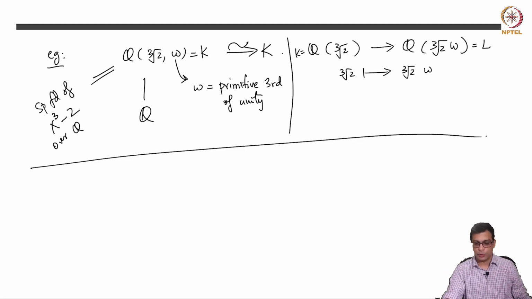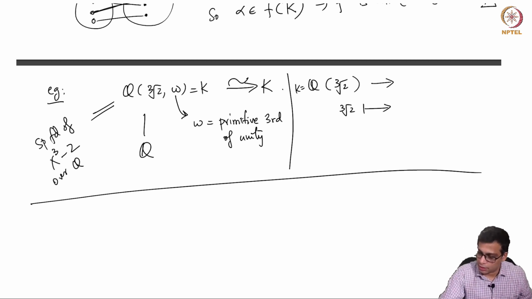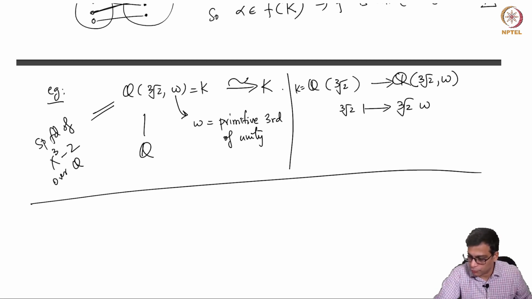I may have confused you a little bit, but I just want to emphasize that you can have different fields. For example, maybe I could have just taken C here. Then I'll send cube root of 2 to cube root of 2 omega. So it is an algebraic extension, or I can take some big field: Q adjoin cube root of 2 comma omega.